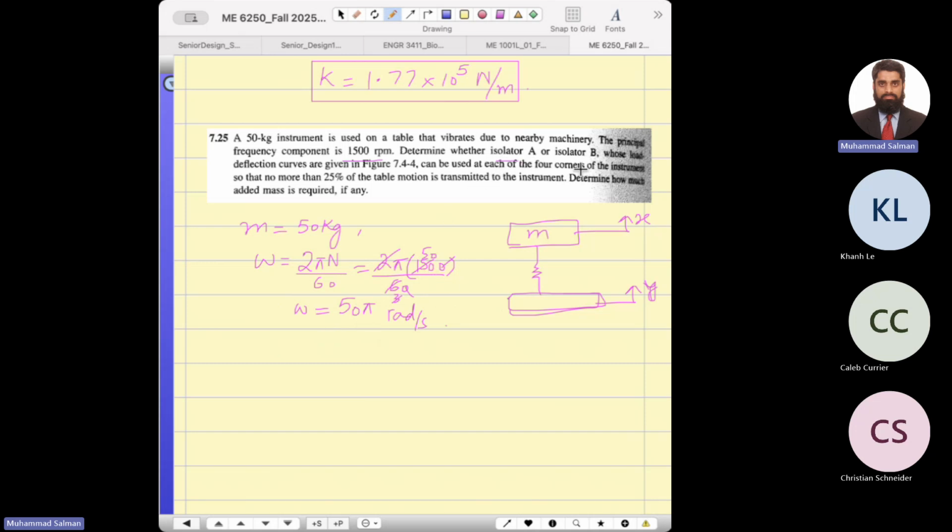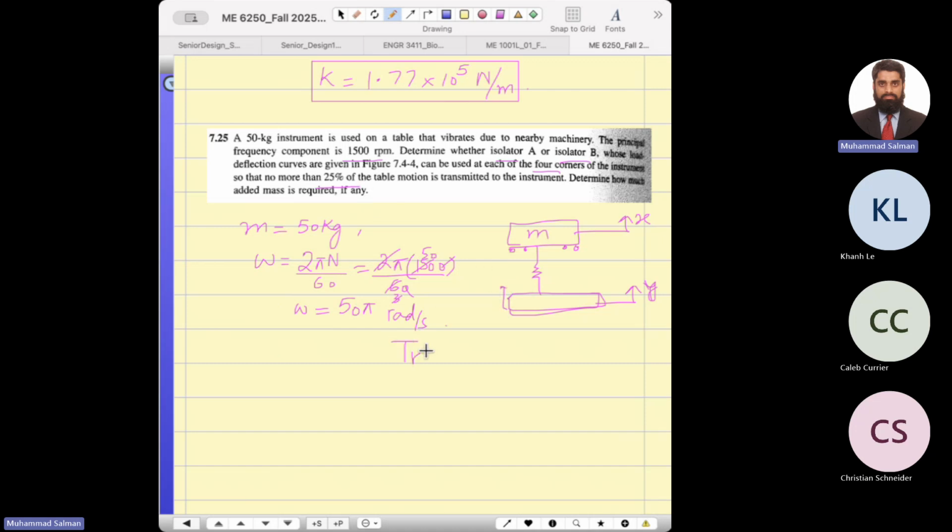Determine whether the isolator A or B, whose deflection curves are given in 7.44, can be used. Each of the corner of the instrument. So instrument has four corners, may be like one, two, three, four, and determine so that no more than 25% of the table motion.